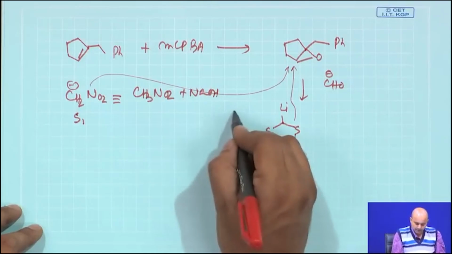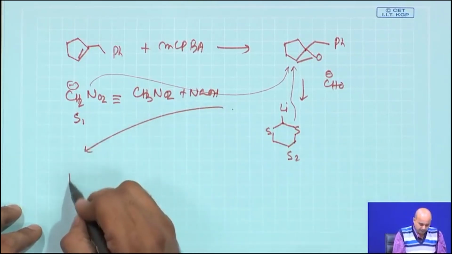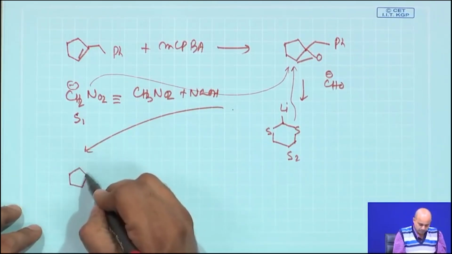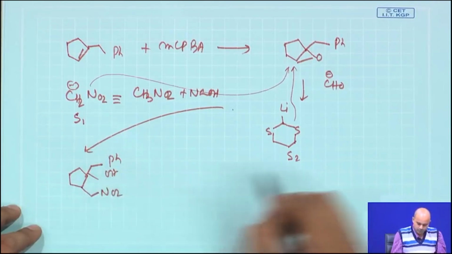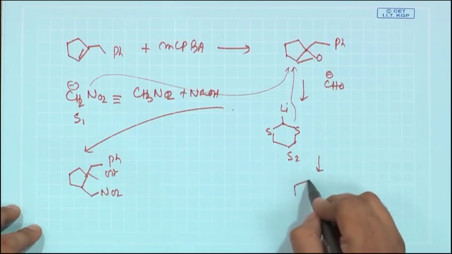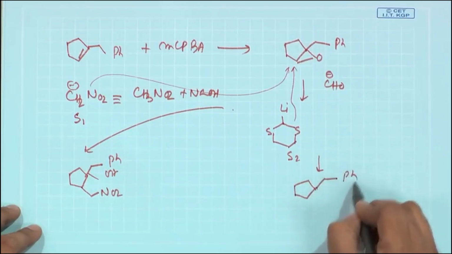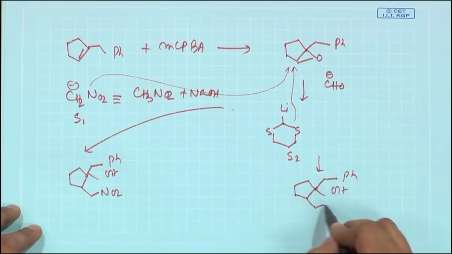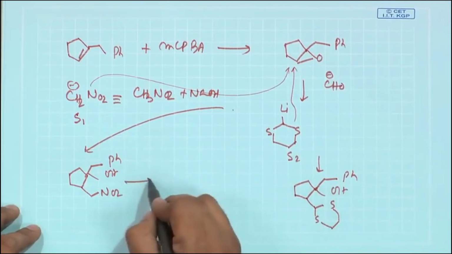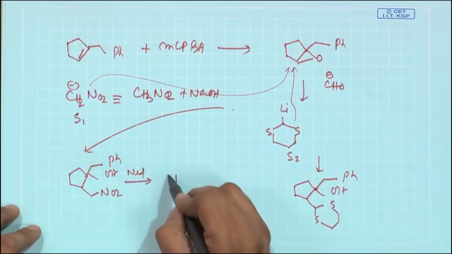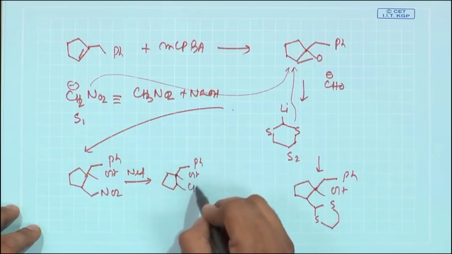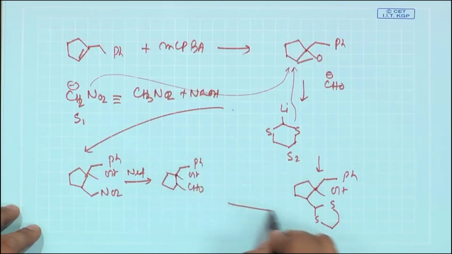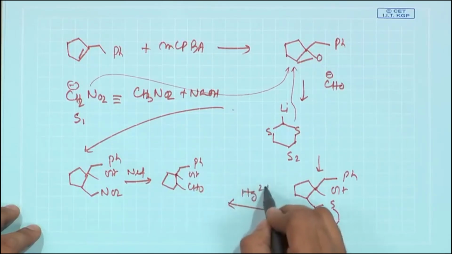So, in this case you will get OH and CH2NO2, and in this case you will get the entire dithiane part. Next, you do a Nef reaction here to complete the synthesis. Here you do the same thing by mercury mediated cleavage.